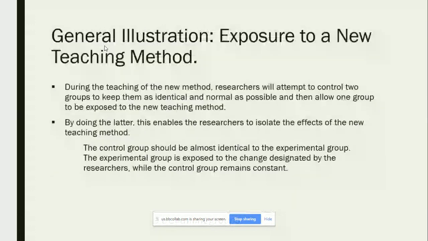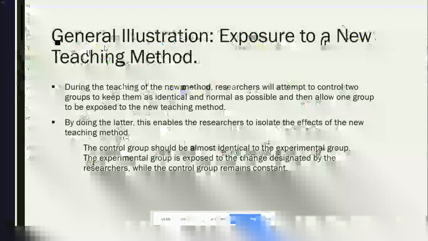Here's a simple illustration of quantitative experimental design. We're looking at exposure to a new teaching method. The researchers will attempt to control the two groups, keeping them as identical as possible, then allow one group to be exposed to the new teaching method.